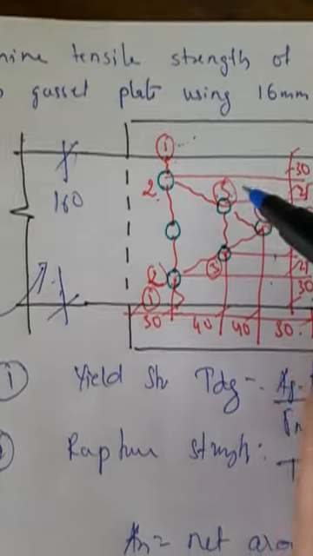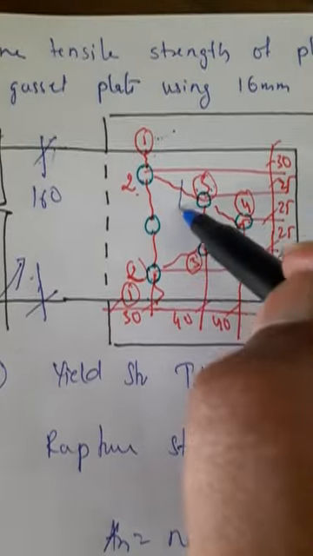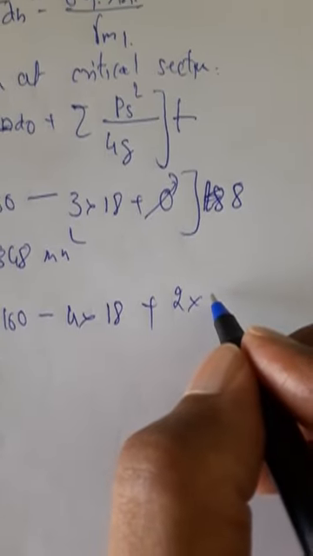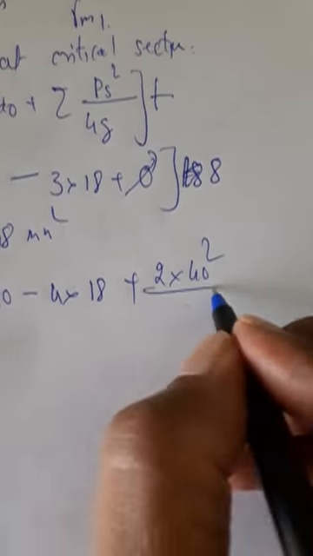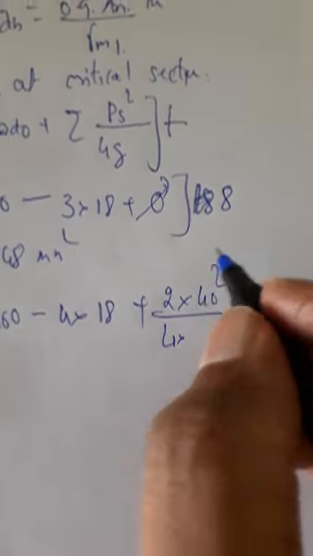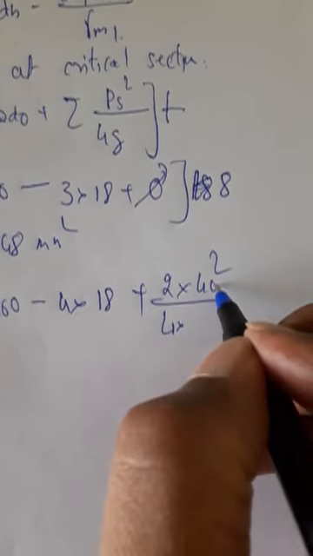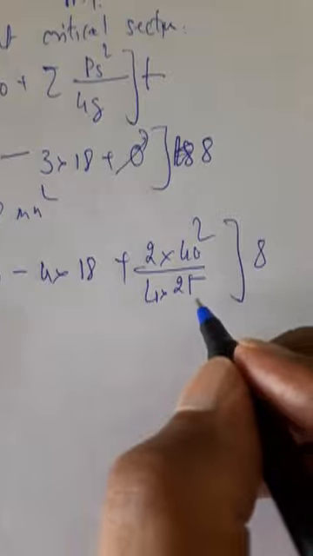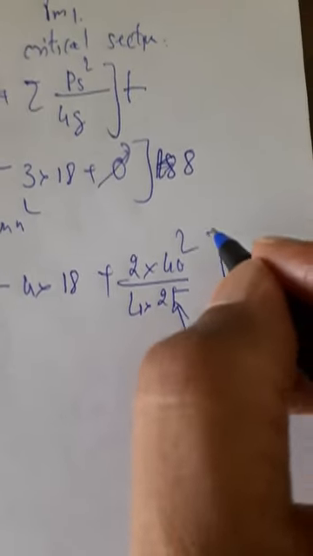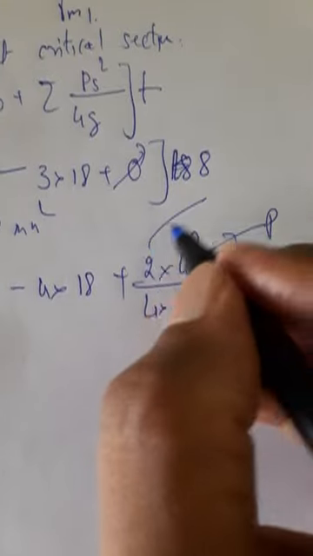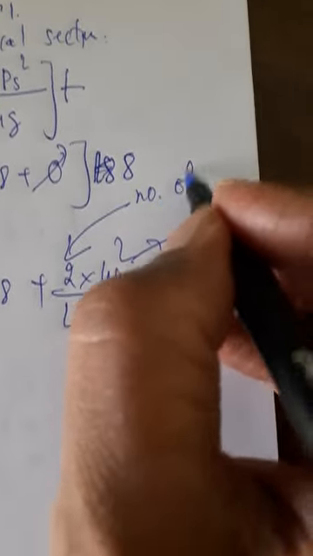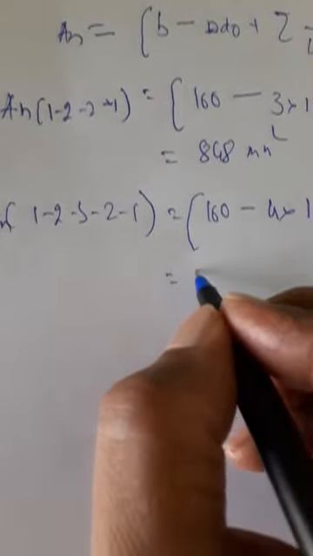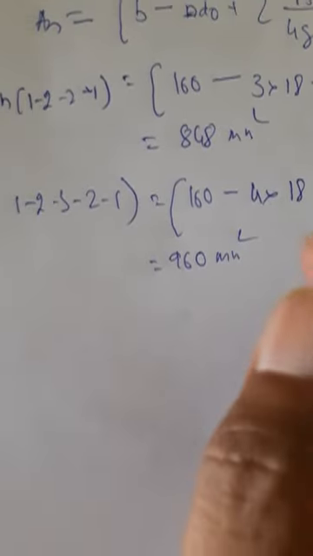If you look at this equation, how many slant lines are along this line? 2 slant lines, plus 2 into P square, 40 square, divided by 4 into G, G is the gauge distance 25, into 8. So here this is gauge distance, this is pitch, and this is number of slant lines into G. So I have the answer 960 mm square.